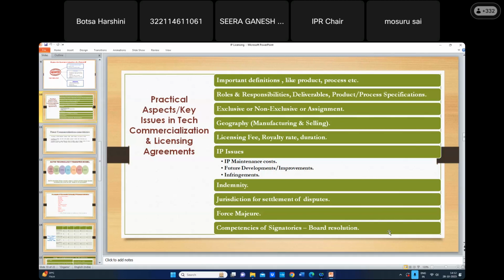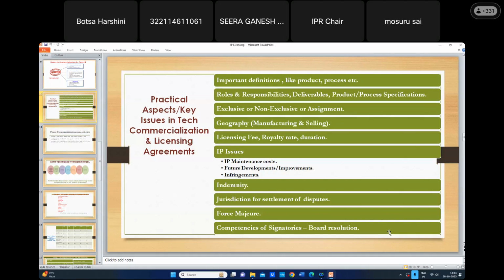You cannot establish a similar plant in some other country unless it is mentioned in your agreement; they will restrict it or object. They may give permission for that, but you need to pay an extra licensing fee. These are all conditions you need to understand thoroughly. The licensing fee, the royalty rate, the duration of the agreement, all these things have to be mentioned.